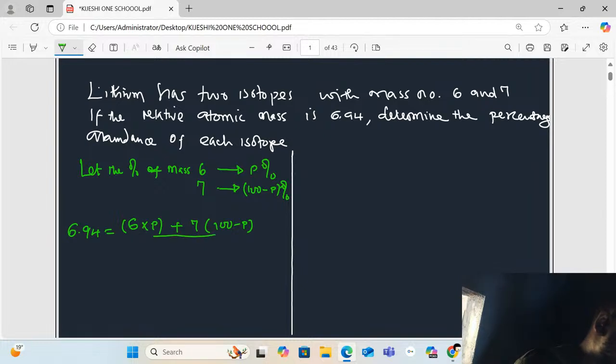Then you divide by 100. We can do away with 100 by multiplying through with 100.